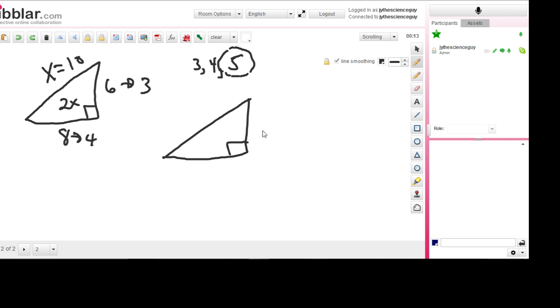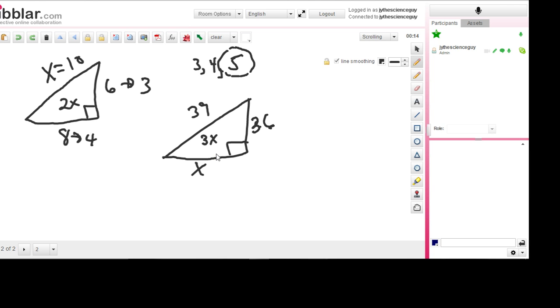So let's say I have 39 and 36, and I want to find this side. What number is common to both of them? 3? 3.